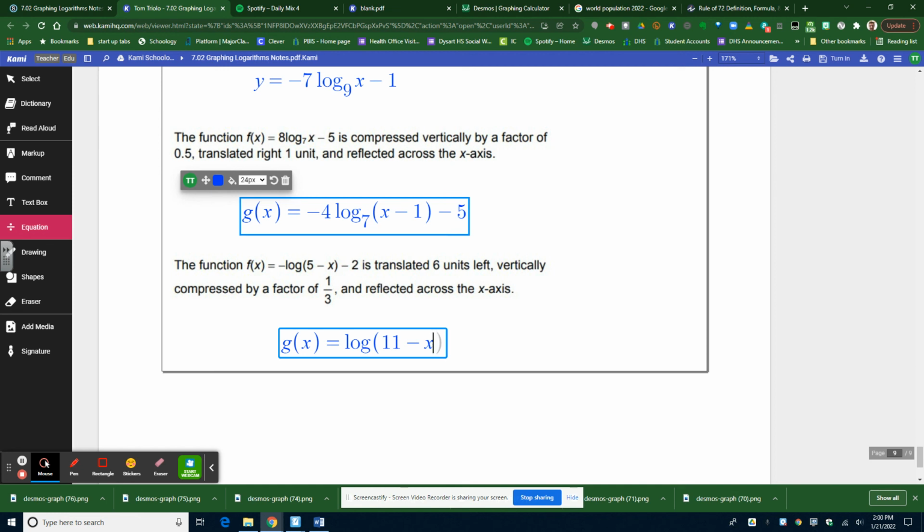Translated, vertically compressed by a factor of a third. Moving up or down? No. Just the original -2. Okay. And that, as they say, is that. Questions? Okay. So we've got 15 minutes.